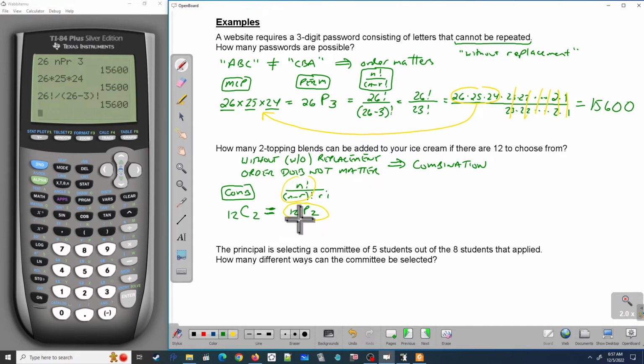The only difference is it's being divided by an extra 2 factorial. Or you could say 12 factorial over 12 minus 2 factorial, 2 factorial, or 12 factorial over 10 factorial, 2 factorial. And any way you get this, you got 66 possibilities.